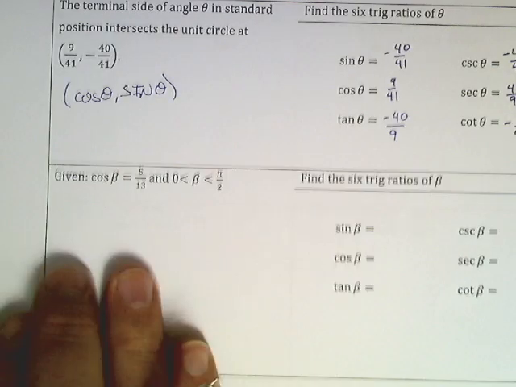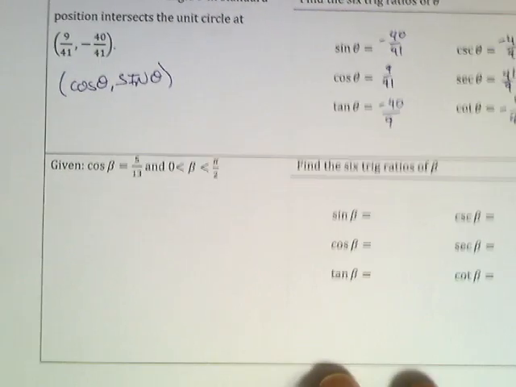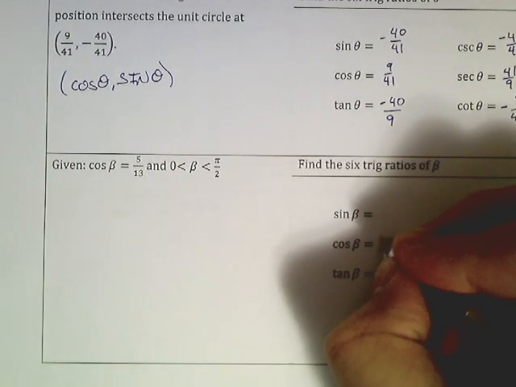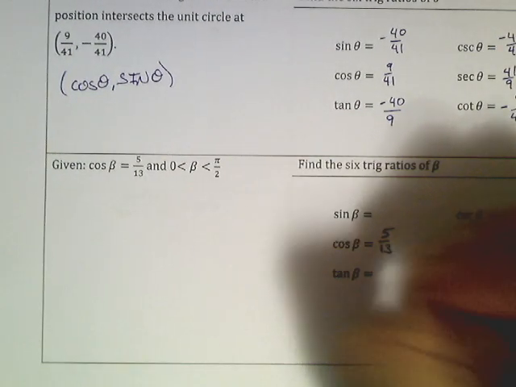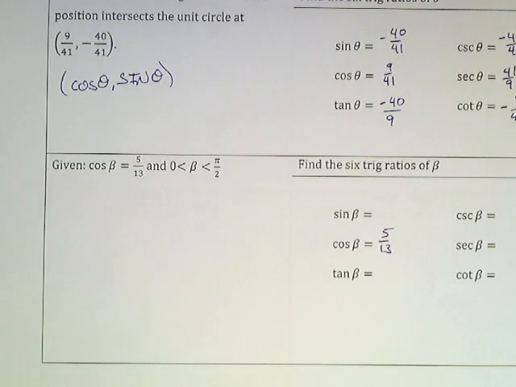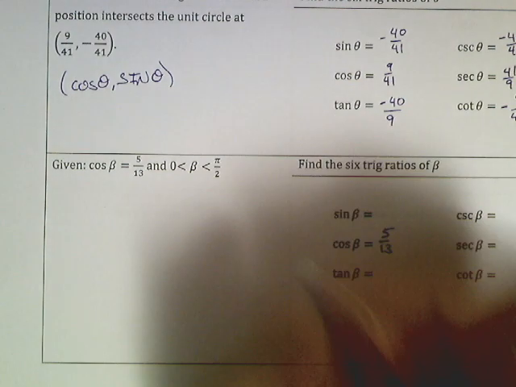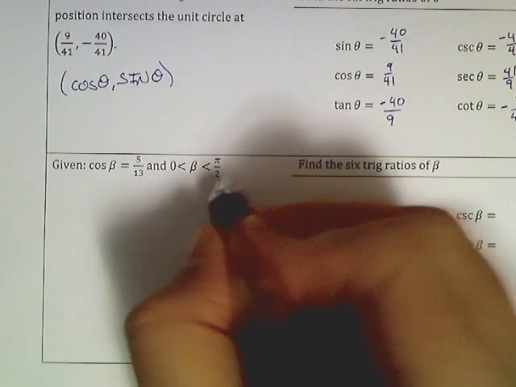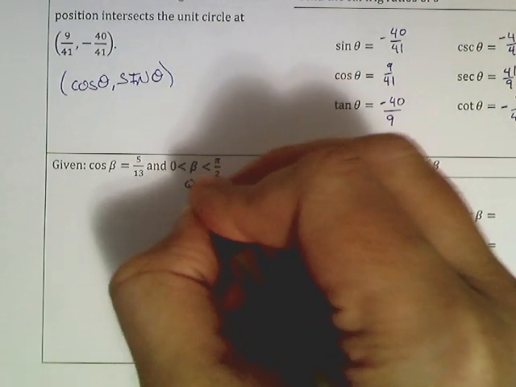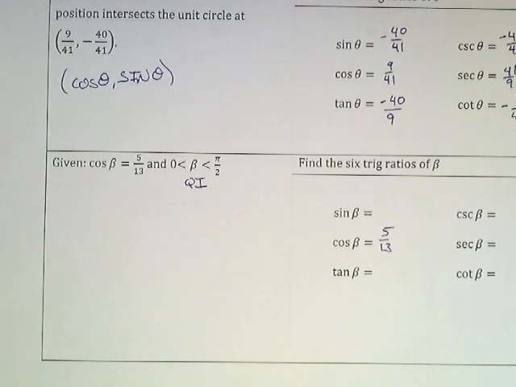This next one, cosine of beta is equal to 5/13. So we're given cosine. We can go ahead and write down 5/13. And this is in between 0 and pi over 2. 0 and pi over 2 is quadrant 1, so everything is going to be positive.